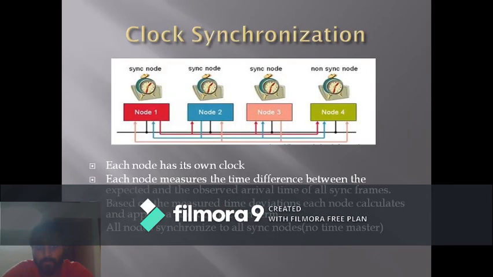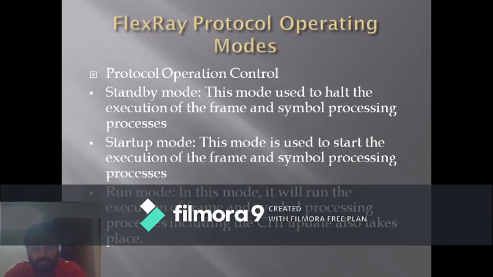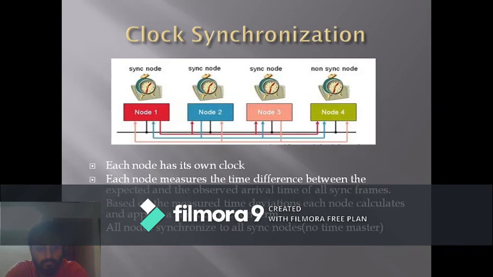Then about clock synchronization. When you look into clock synchronization, each node has its own clock. Each node measures the time difference between the expected and the observed arrival time of all sync frames.